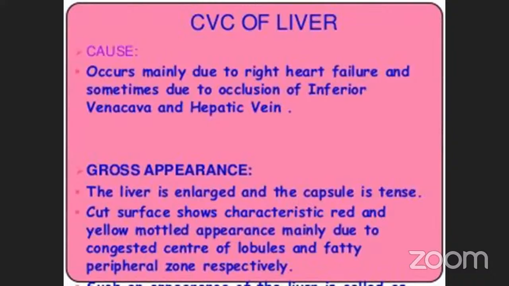The blood enters from the periphery through the portal tract and is drained toward the center of the lobule, and through the central vein it is drained to the right side of the heart. If the right side of the heart is filled, then the blood gets stagnated in the center of the lobule. So that's why the red dots are seen.